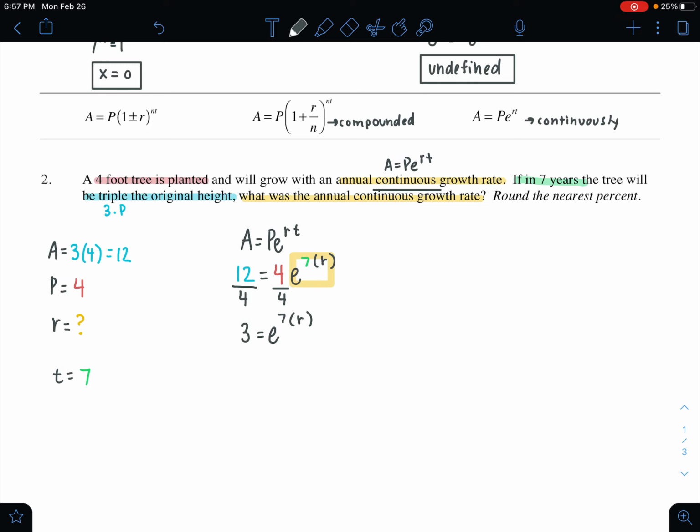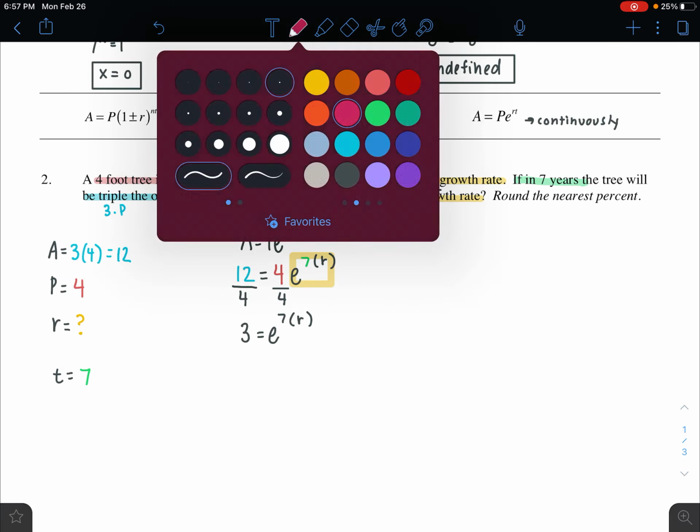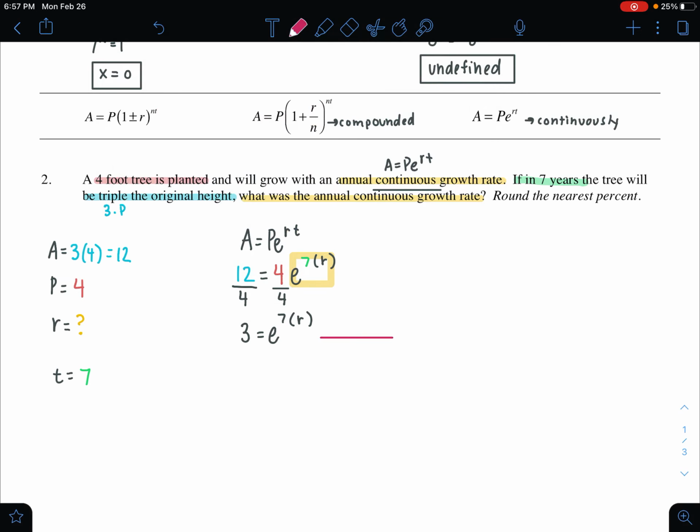Now, if your unknown is in the exponent, that means you're going to have to use a logarithm to solve. So what's the inverse of an exponential with a base of e? A natural log. So to both sides, we're going to do natural log line.